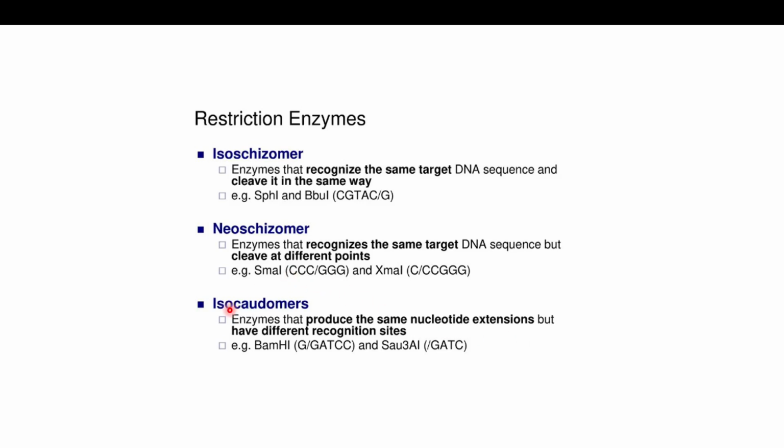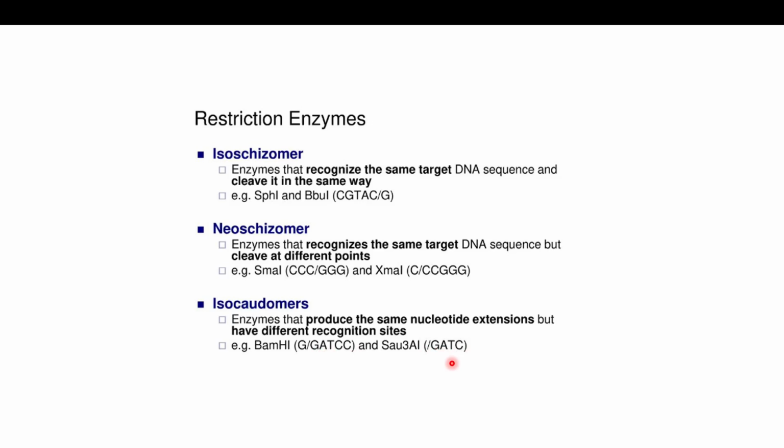And there is another term called isocaudomers among restriction enzymes. These are restriction enzymes that produce the same nucleotide extensions but have different recognition sites. Suppose BamHI cuts in between these two G residues and recognizes this particular sequence. And Sau3AI recognizes a different DNA sequence but cuts before this G, so this is also creating a GATC extension.